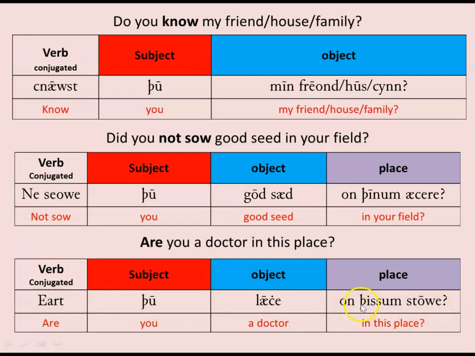On as a preposition requires the dative object, so thism, this place, has to be as before, thism satowa, both in the dative. Now the object here, the accusative for a doctor, is lache. Now you could simply ask, are you a doctor? In which case you'd say thu lache, and that's it. But if you want to say, are you a doctor in this place, then thu lache on thism satowa. Okay, it just depends. Probably more likely this question would be framed as, are you a doctor? In which case you say thu lache.